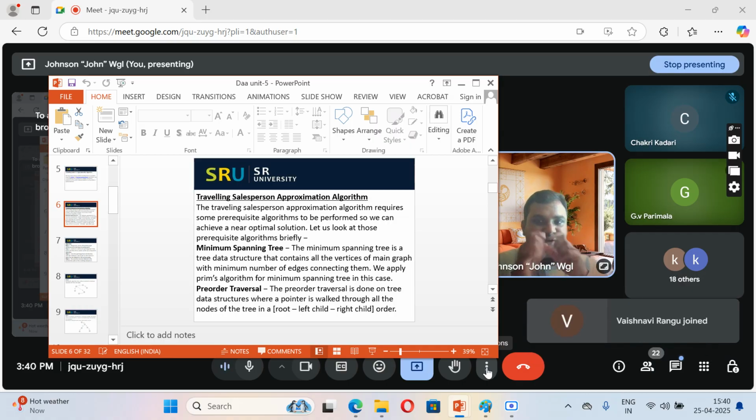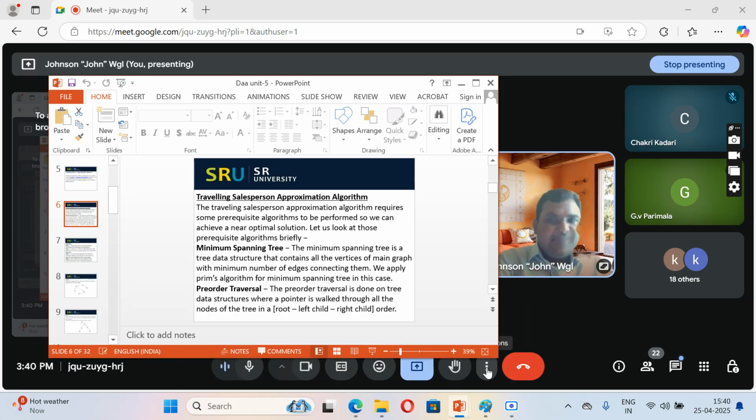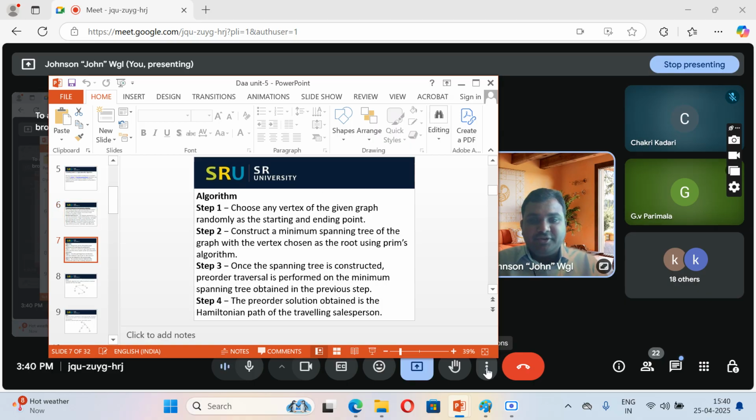If you want to solve it, first you find the minimum spanning tree, then traverse it in pre-order, and then find the Hamiltonian cycle.